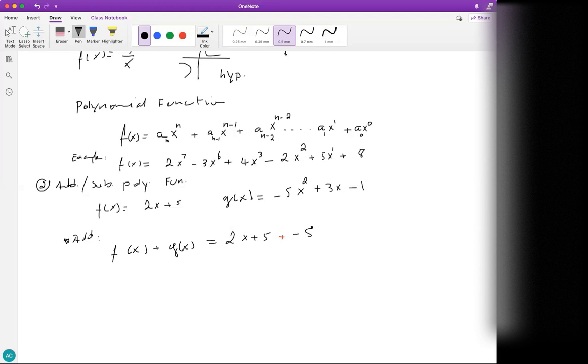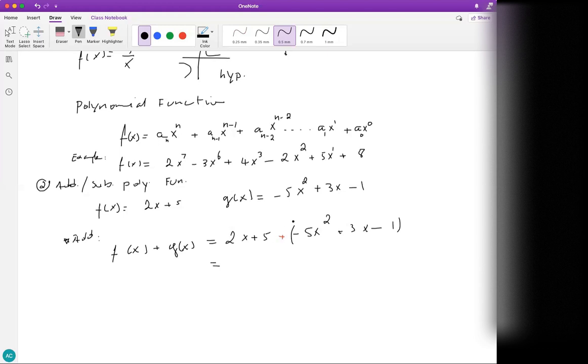So we get a negative 5x to the second plus 3x minus 1. In case of subtraction, you have to include the parentheses here, like this. But if you have addition, no need to put the parentheses. Just combine the similar terms.